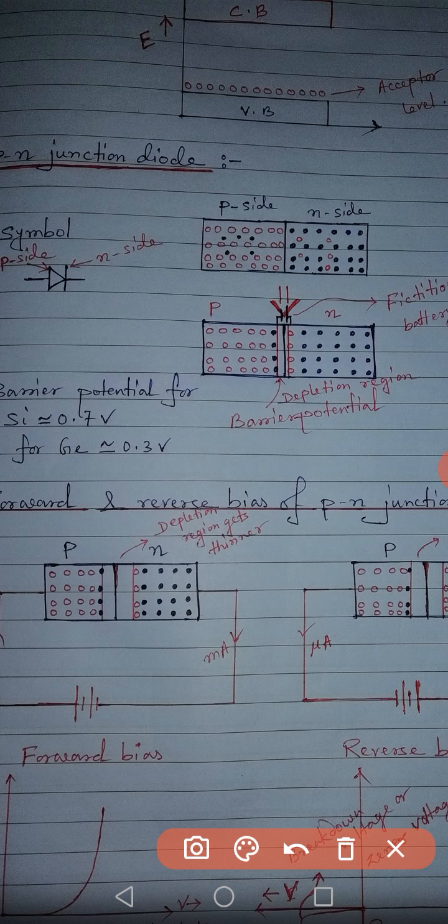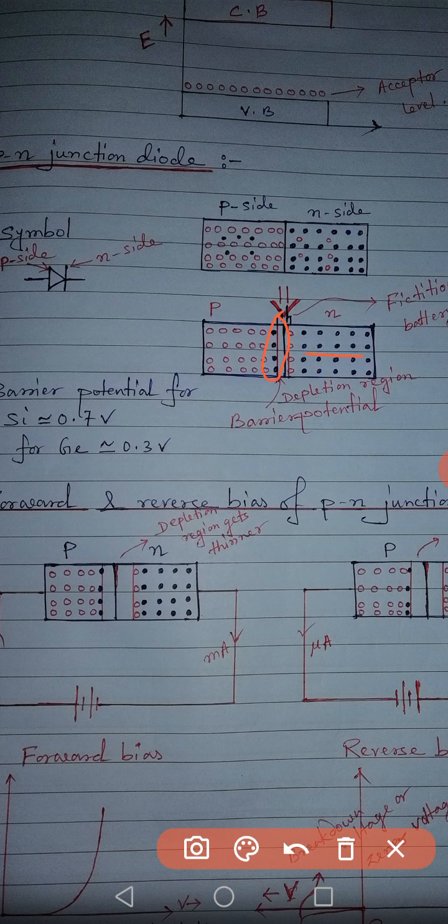Remember that when some electrons from the n side diffuse to the p side, they gather here at the junction. These dots are electrons. When they gather in sufficient number, they will not allow any further movement of electrons from the n side to the p side, because they will start repelling the incoming electrons.